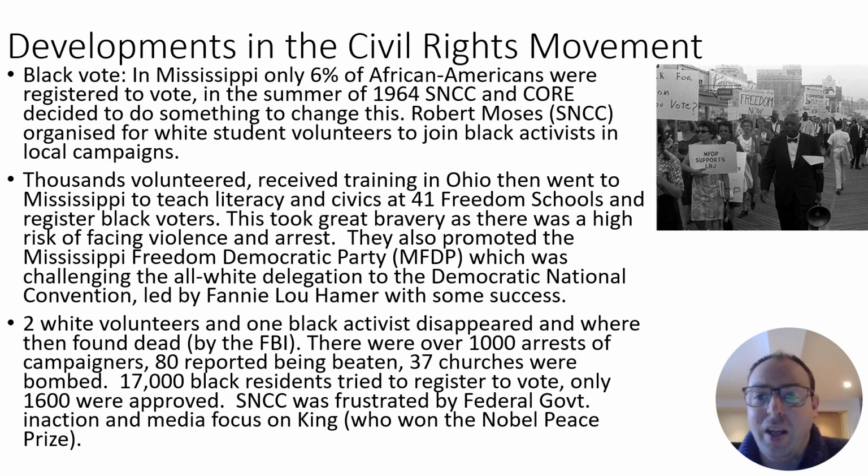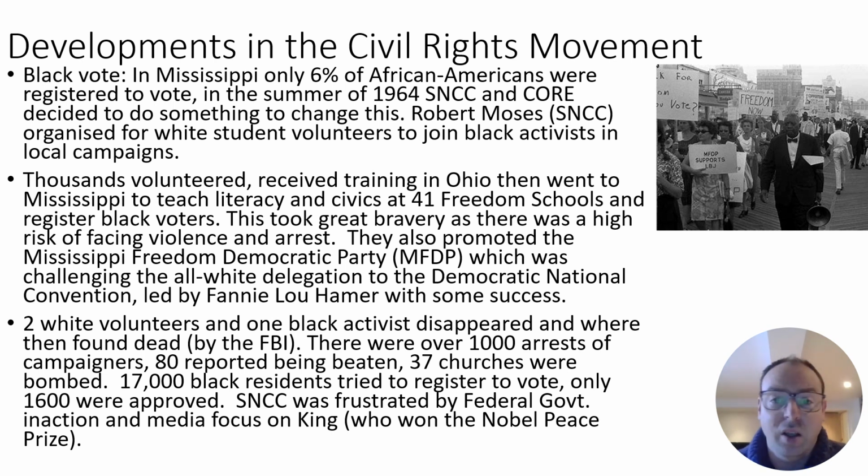Now, one of the other key areas of development in this period is the determination to bring out the black vote. One of the key examples of this in '64 was in Mississippi. Only 6% of the African Americans in Mississippi were registered to vote. In the summer of '64, SNCC and CORE decided to change this.